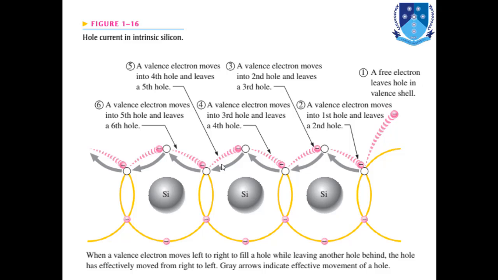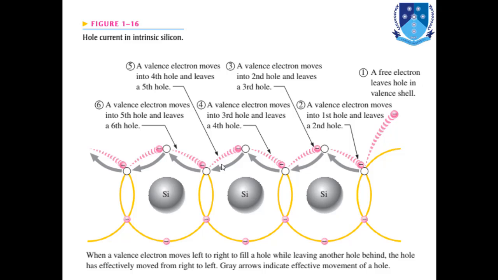So this free electron is now in the conduction band, while the hole which it leaves is located in the valence band. To fill this hole, a nearby atom marked as 2 moves into this first hole and leaves a second hole behind. Now a hole is at position number 3.